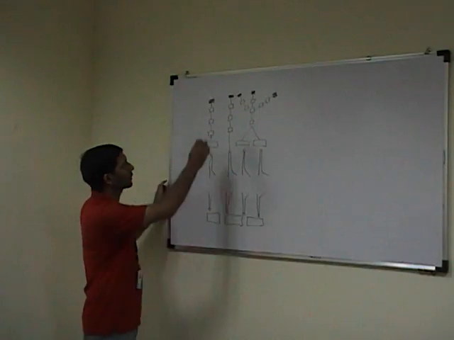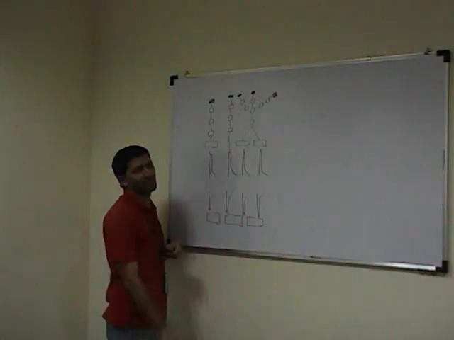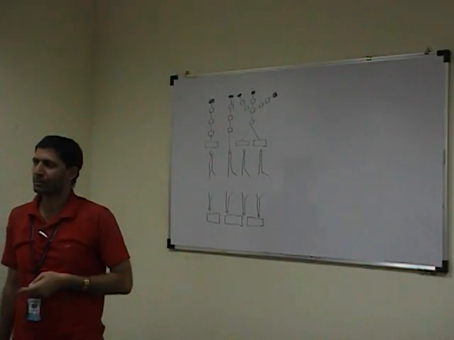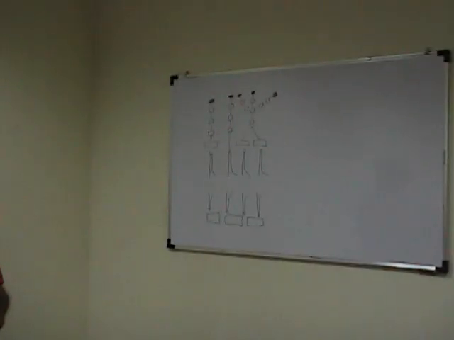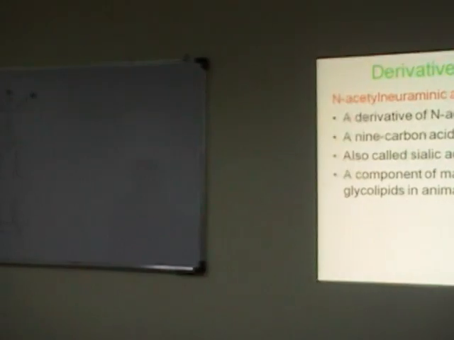At the top of it, all these structures are negatively charged. That is due to the presence of sialic acid. Actually, N-acetyl neuraminic acid is also called sialic acid.